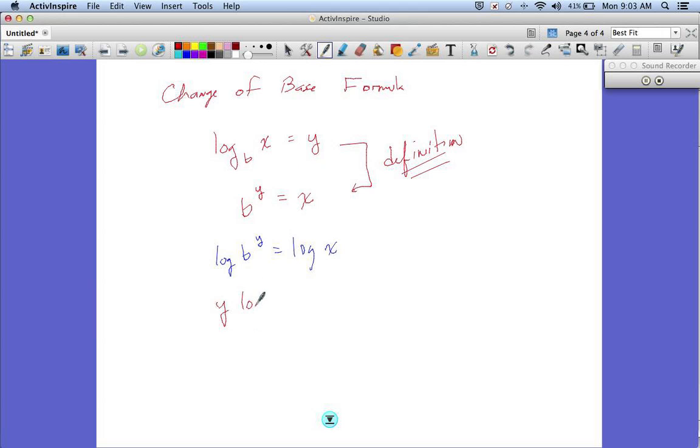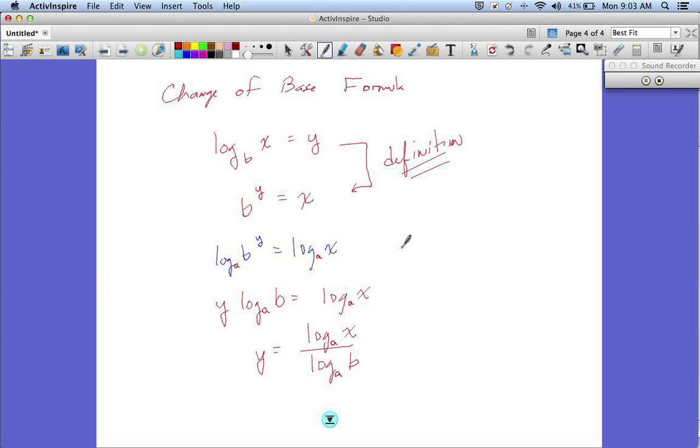You get y log b equals log x. And y is log x divided by log b. Again, this can be any base you want, as long as both bases are the same.